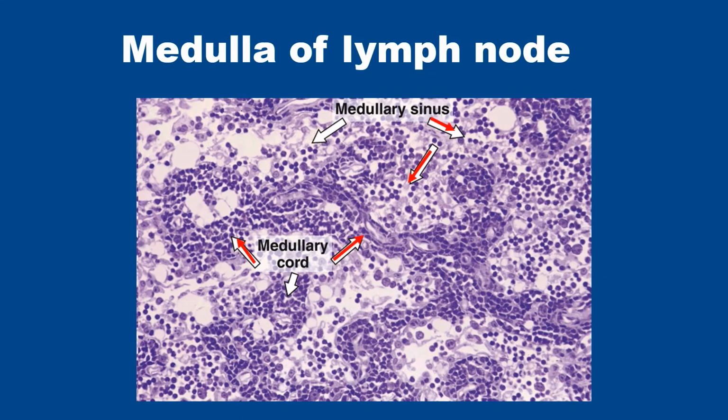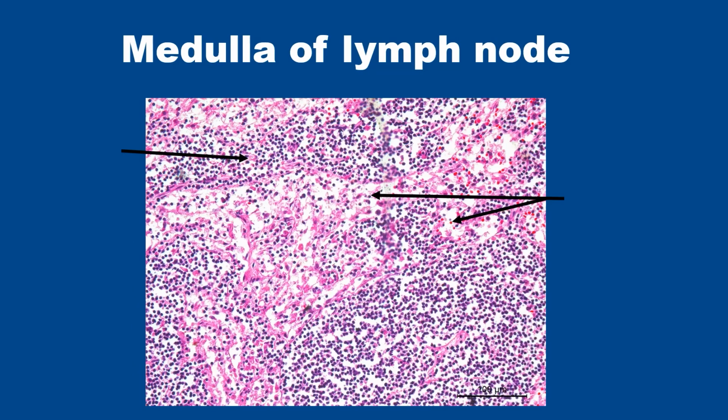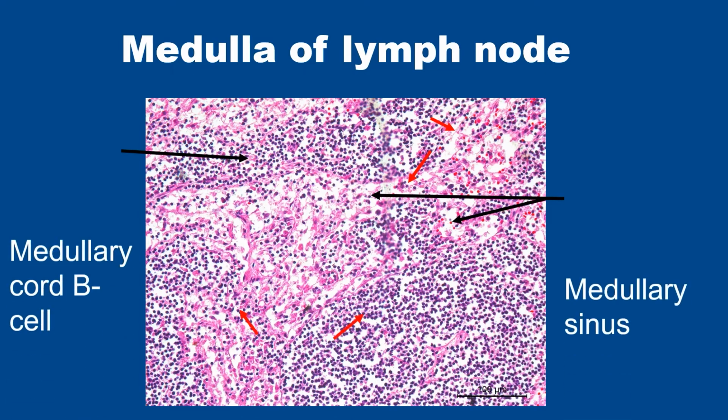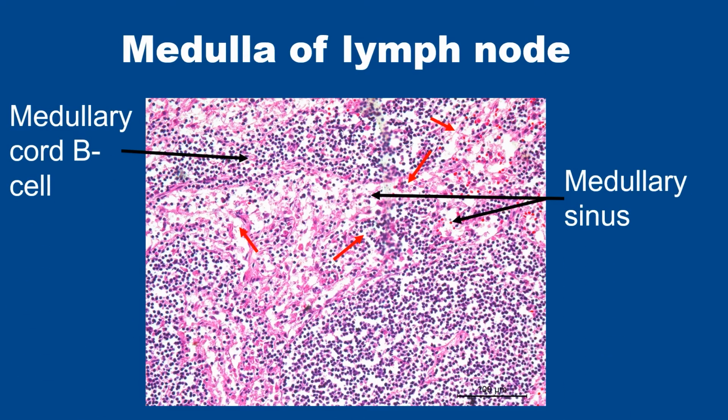These are showing the medullary cords and the medullary sinuses in the deeper part of the lymph node. Here are the medullary cords and the spaces as the medullary sinuses.